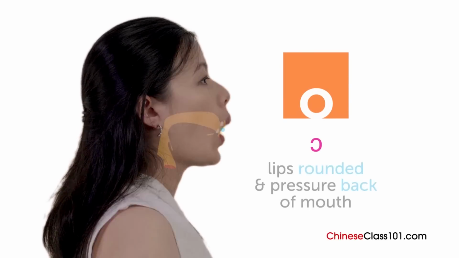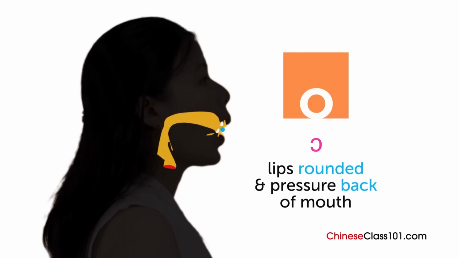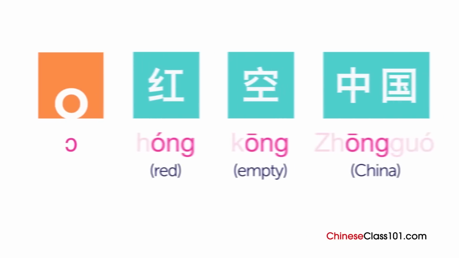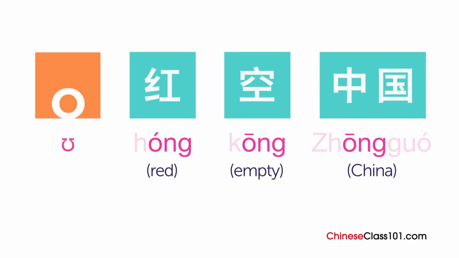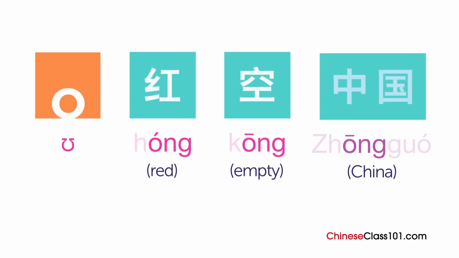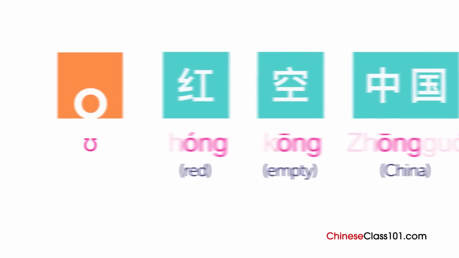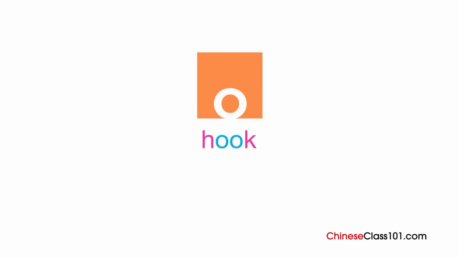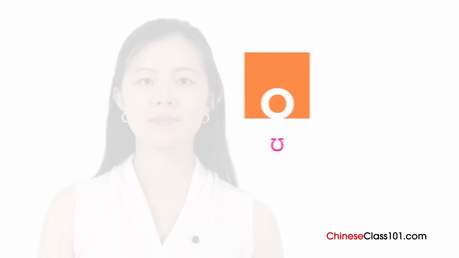When paired with the following, the O changes. 红空中国. It's identical to the double O sound in the word hook.